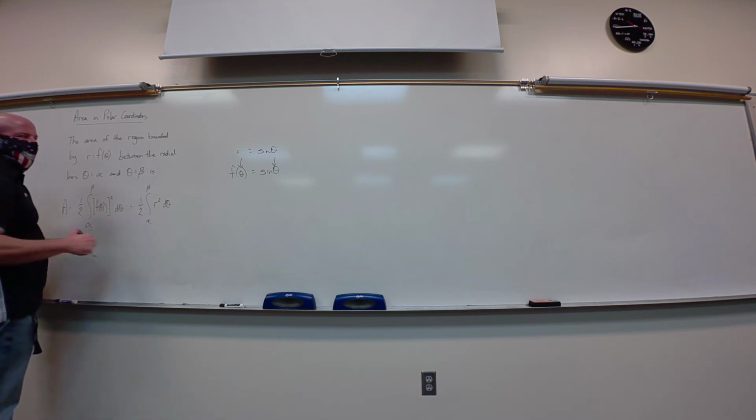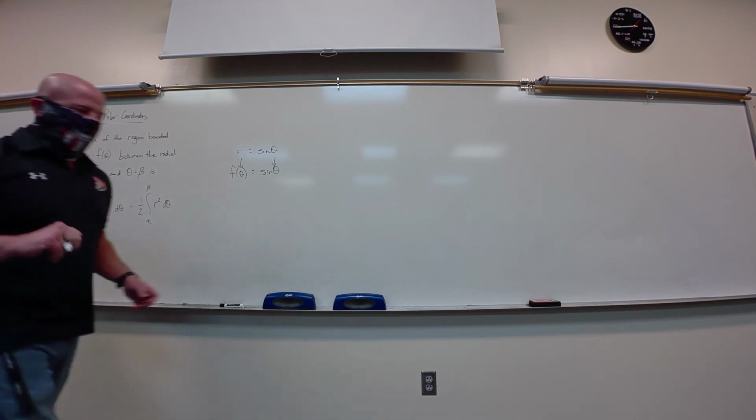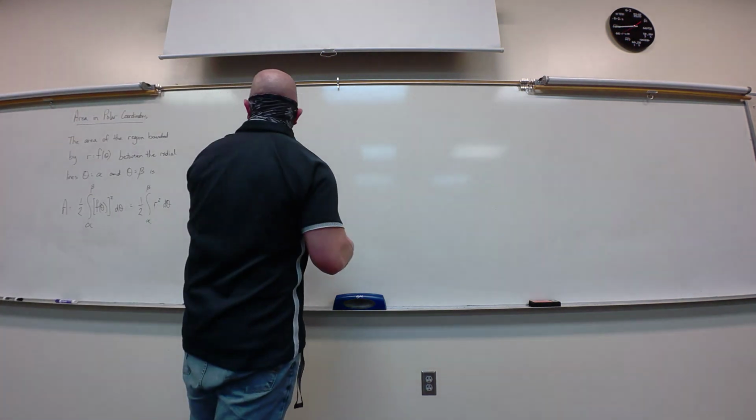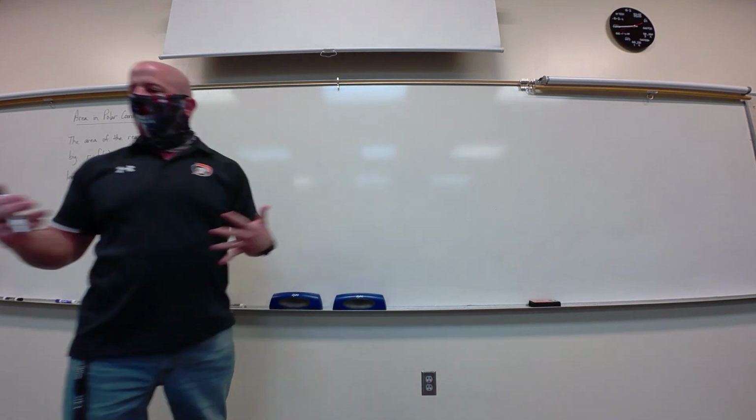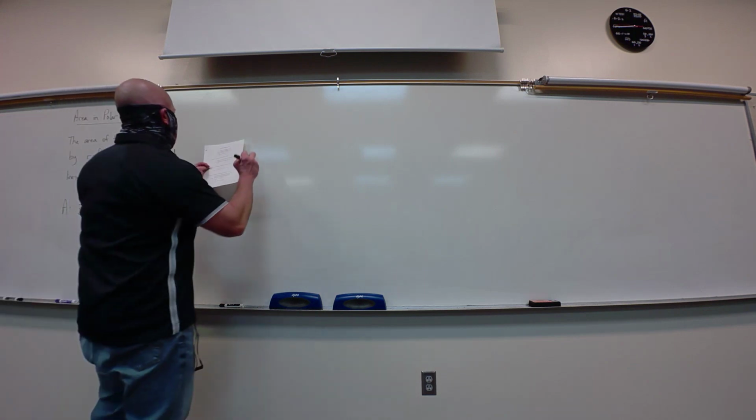If your angles are in radians, make sure you're in radians. If your angles are in degrees, make sure you're in degrees. Those of you that are in physics have seen a lot of things in degrees. You flip back over to degrees a lot of times. So just make sure you're in the proper mode. As far as the evaluation, I think that's pretty simple because it's in your calculator. The setups are where we're going to have the problem or where the work's going to be.